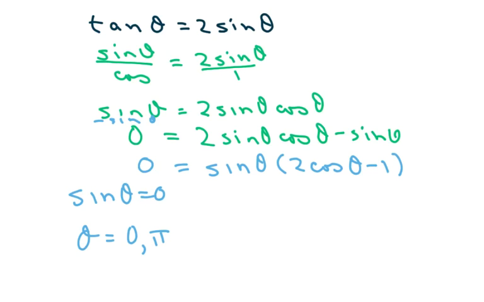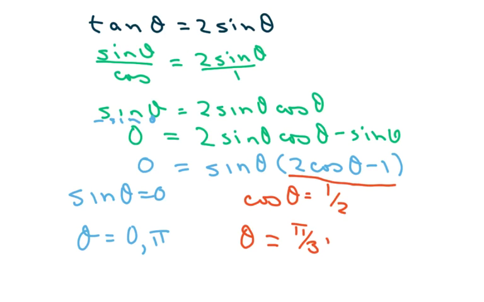And for this one, we're going to have cosine of theta equals 1/2. And in this case, theta would equal pi over 3 and 5 pi over 3. Therefore, my solution set, writing from least to greatest, would be 0, pi over 3, pi, and 5 pi over 3.